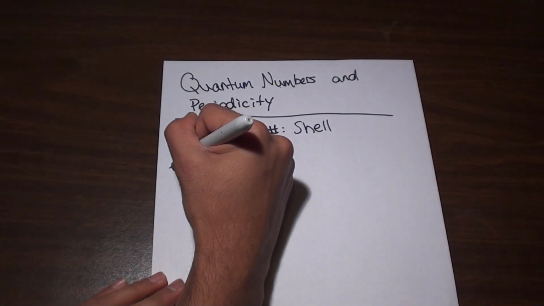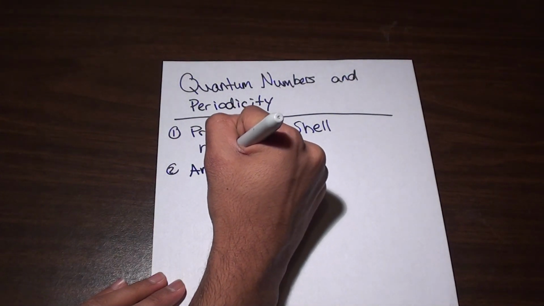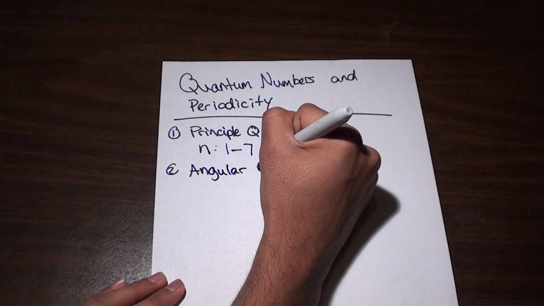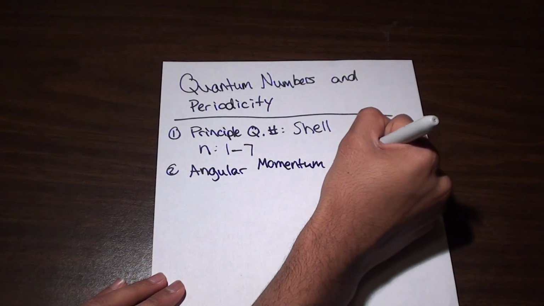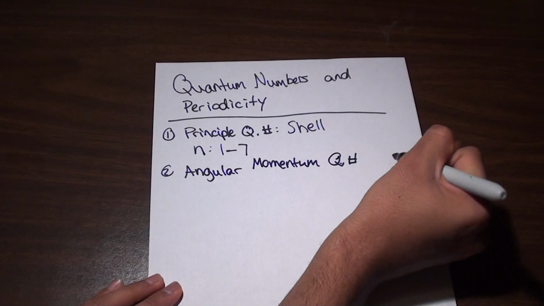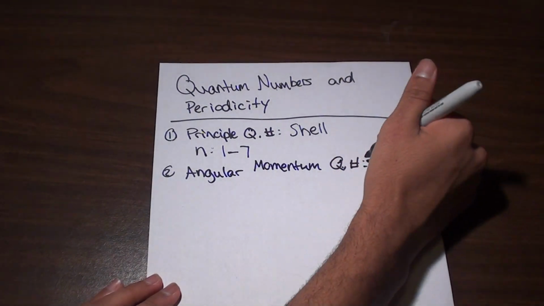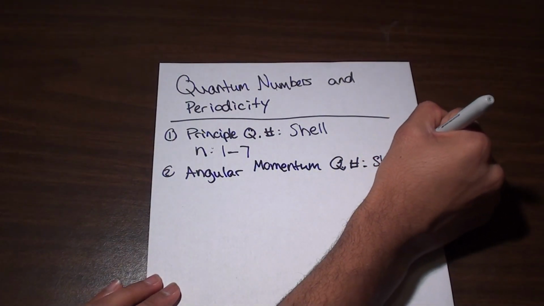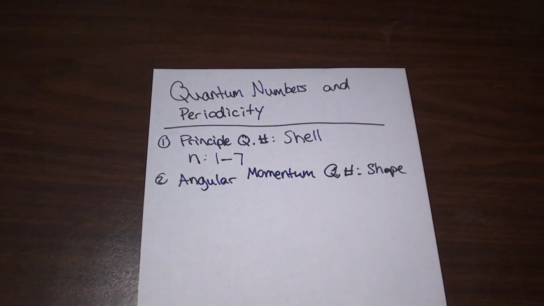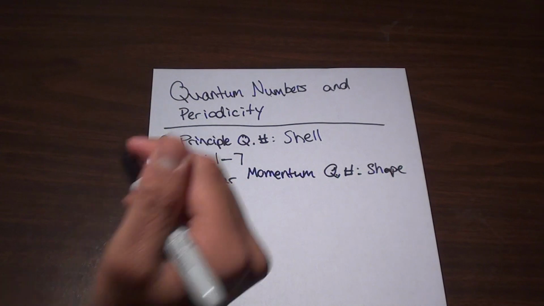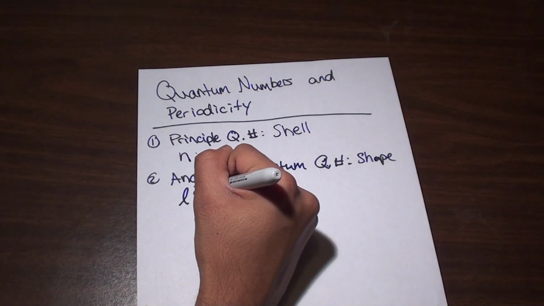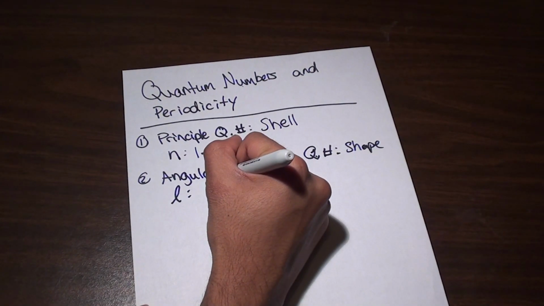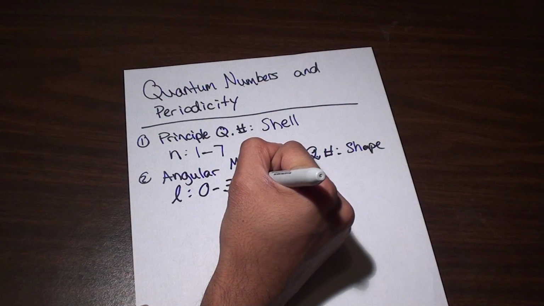The next one is the angular momentum quantum number. And what that's describing is the shape of the orbital that this electron exists in, and is denoted by an L, and the values that we'll be dealing with are 0 through 3.